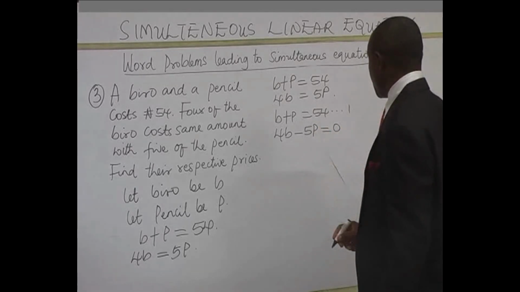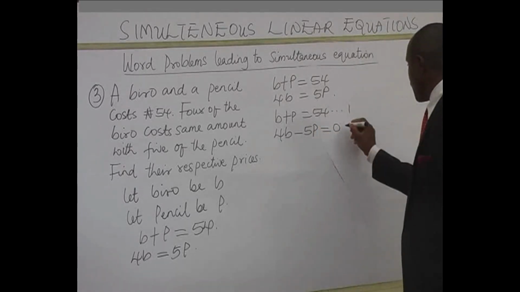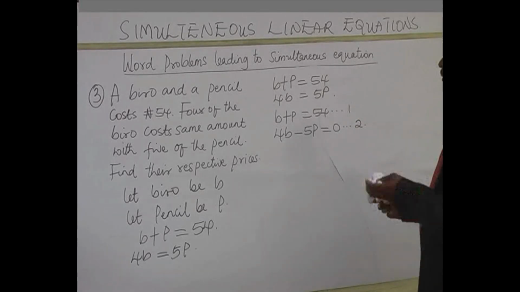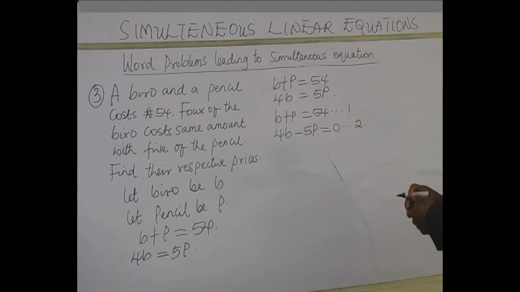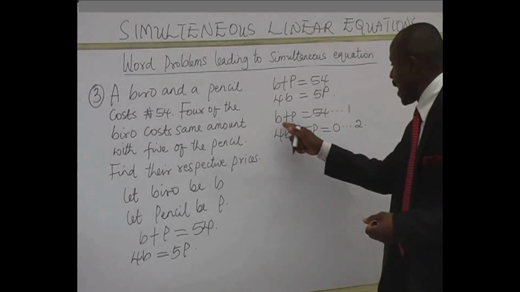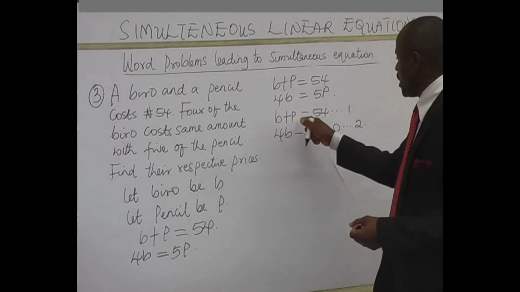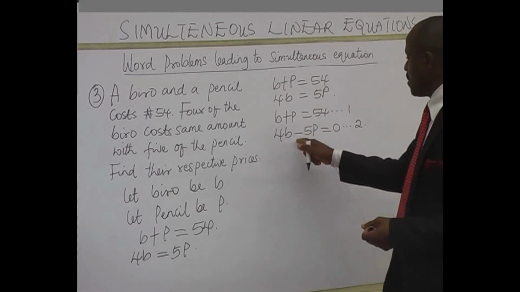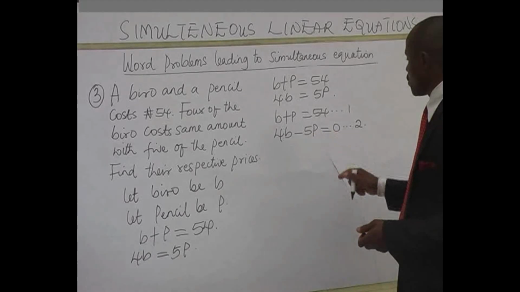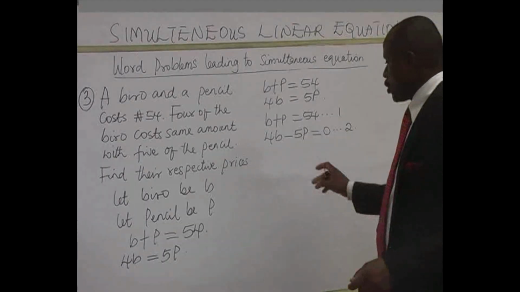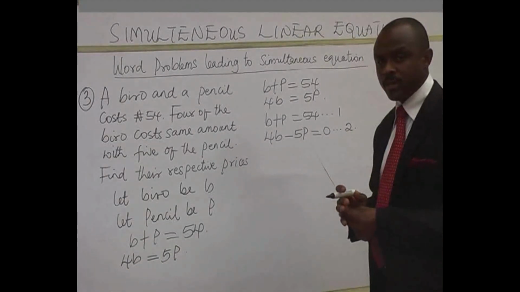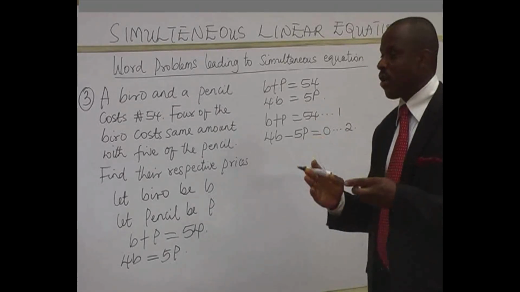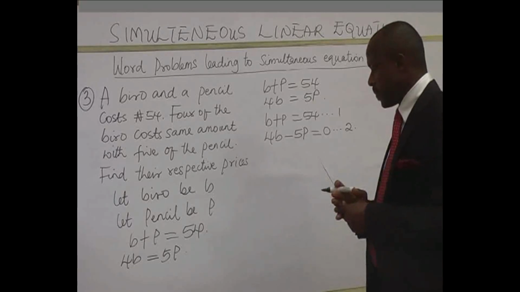And it's going to be equal to 0. This will now be the second equation. That means the 2 equations we have now are B plus P is equal to 54, while 4B minus 5P is equal to 0. We are going to use the substitution method to solve the simultaneous equation now so as to get the value of B and P.